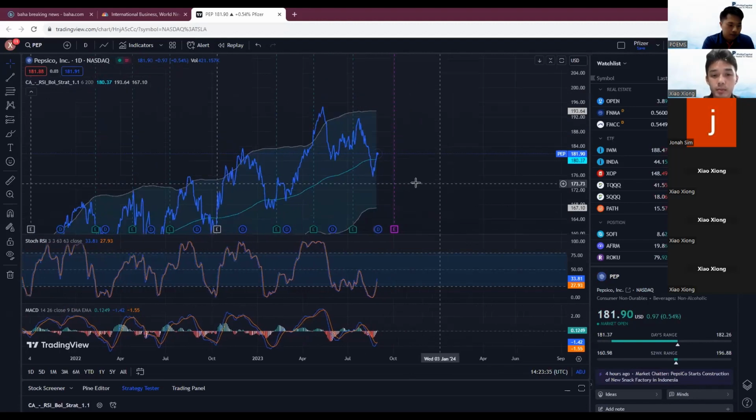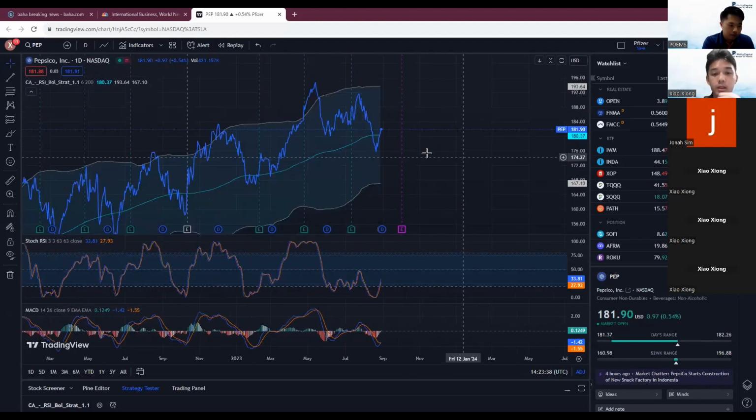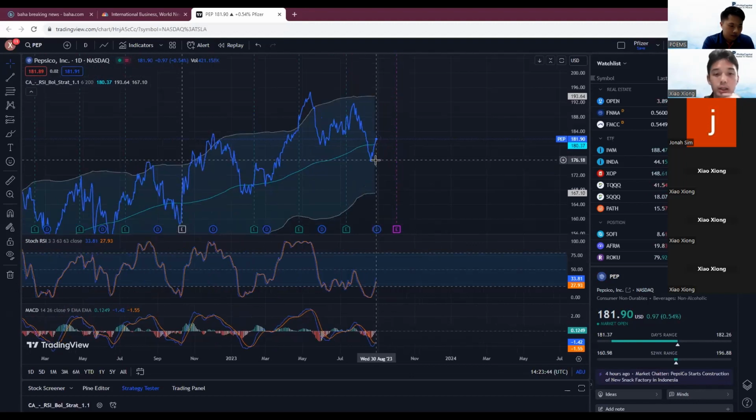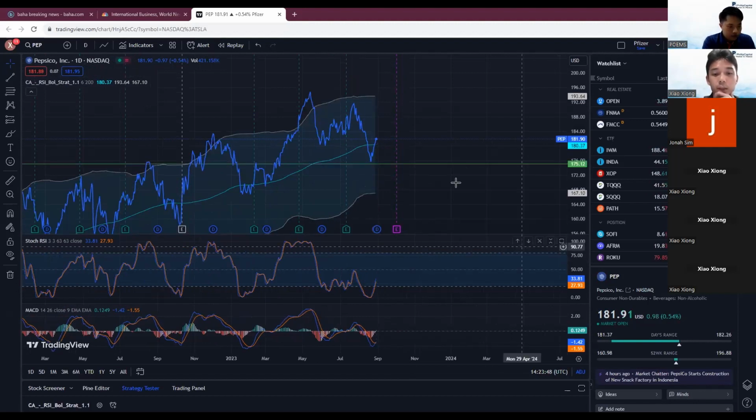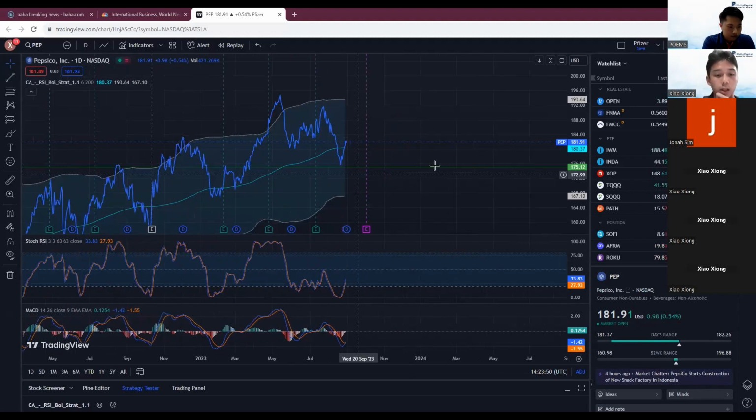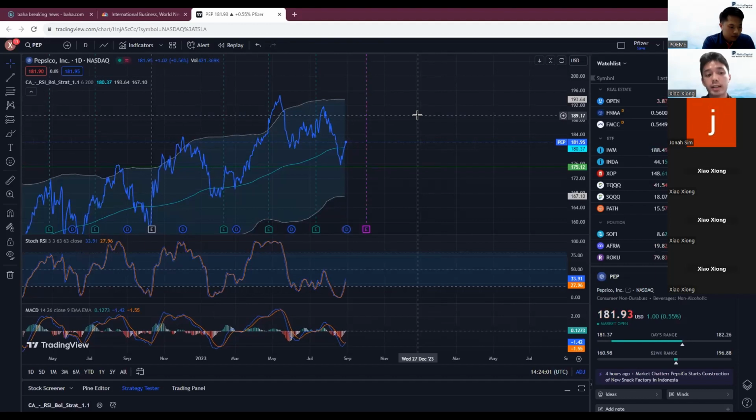Usually I'll take this point as my support level. RSI will generally tell me whether the stock itself is overbought or oversold. But of course, don't depend solely on RSI itself. You need to depend on other indicators.